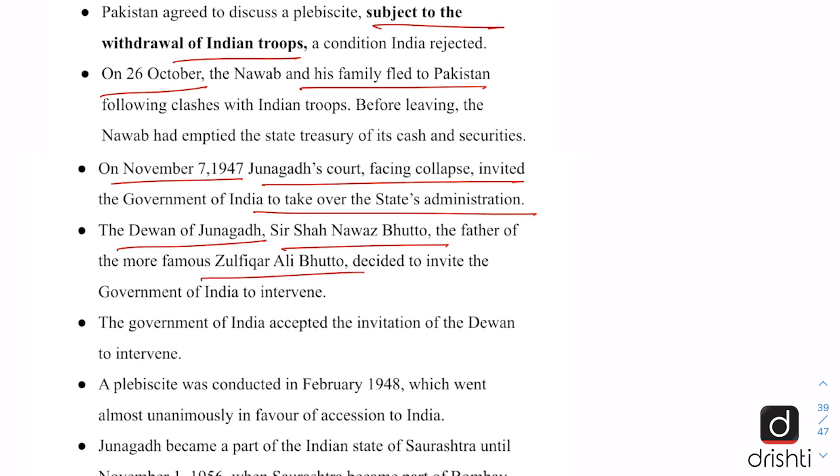And finally, a plebiscite was conducted in Junagadh in February 1948, which went unanimously in favor of accession to India. And therefore Junagadh became a part of the Indian state of Saurashtra, and it remained so until November 1, 1956, when Saurashtra became part of Bombay state.